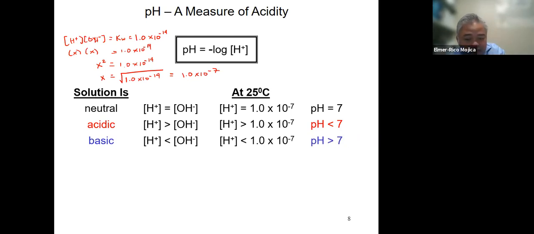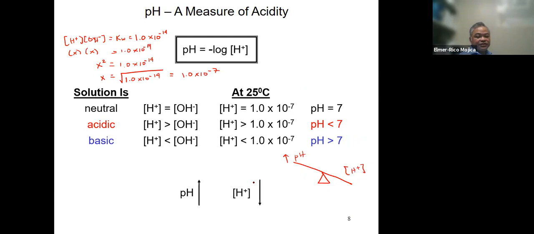So if you're going to look at the relationship between pH and H plus, it's like this. They have what? A seesaw relationship. As the pH increases, the H plus decreases.